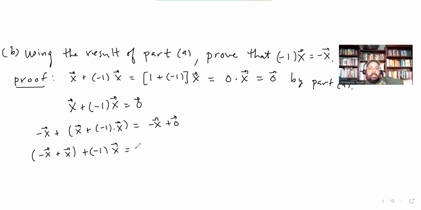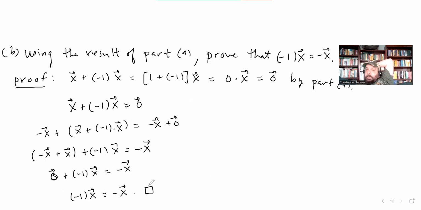Okay, and on the right-hand side, anything plus the 0 vector is just that thing. Okay, and on the left-hand side, negative x plus x, since they're additive inverses, that gives you the 0 vector. And 0 plus anything doesn't change anything. So this says that negative 1 times x is the additive inverse of x, and that's it.